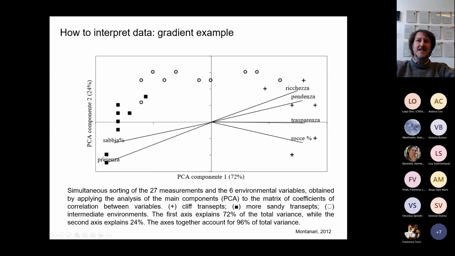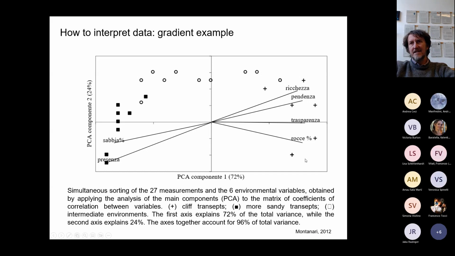So here we can see a gradient shape, a gradient that goes from this sandy transect here to the intermediate to the cliff transect here. And why is it positioned in this way? Because in this part we have a higher percentage of sand, of course, in the sandy transect here, and also the presence of species is higher here.